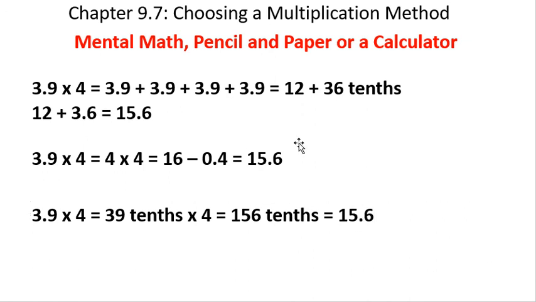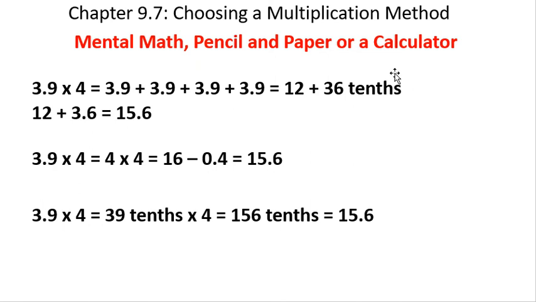So here are three different ways of doing all of these. If you wanted to do it on pencil and paper, go ahead and do that. If you wanted to line it up and use the standard algorithm, please do that. For a question like this, when you have a problem to solve, you are, of course, welcome to use a calculator.